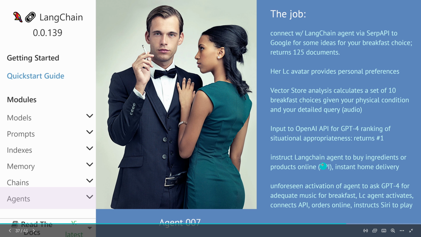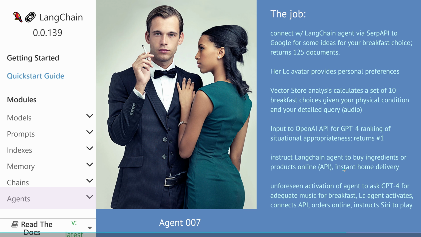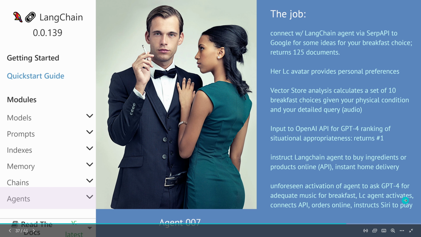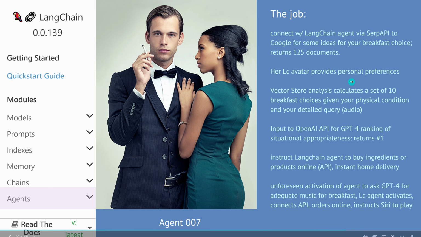So again, you use the intelligence of the LLM to find the perfect music for this particular breakfast, for this particular situation of our two agents. And then another agent activates, connects to the API of the music stores, pays there with your credit card, orders it online, downloads it immediately, and instructs Siri to play the music for the breakfast.